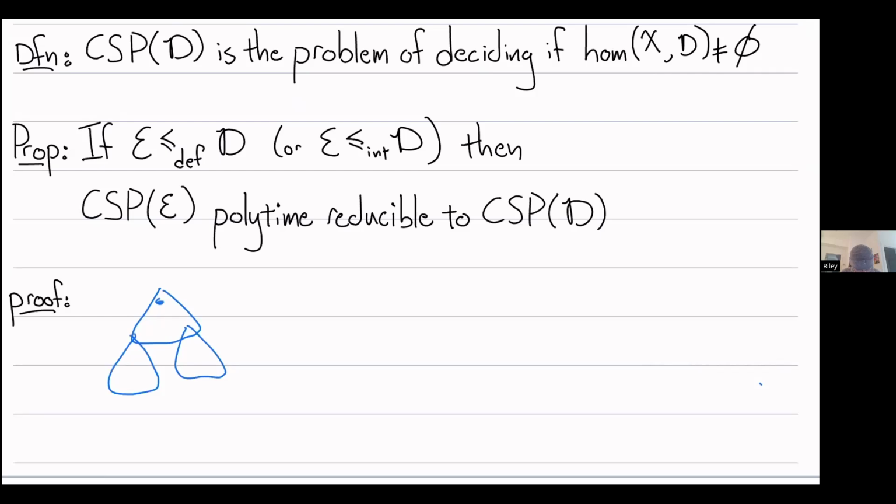Right. So let's say that we have an instance of our problem E. Maybe E was that triangle relation from before. PP definability says that anytime we have a triangle, we can equivalently replace it with some constellation of relations from D. And the picture I drew looks something like this, possibly including equality.